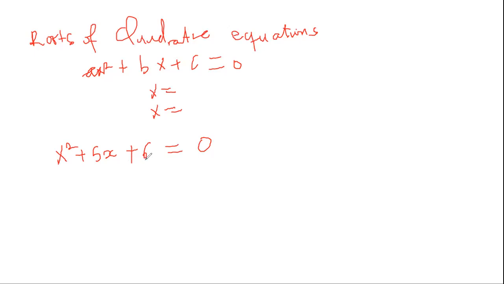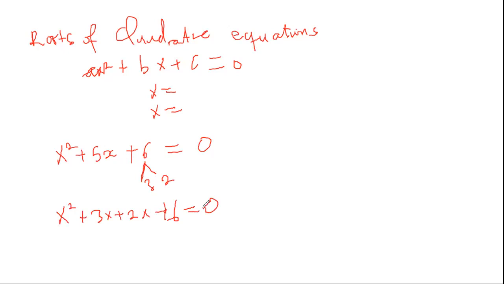So for example, we shall have our factors as 3 and 2 that we multiply to give us 6, and when we add them they give us 5. So instead of writing 5, we shall write them in terms of 3 and 2, and then we add 6 and say this is equal to 0.